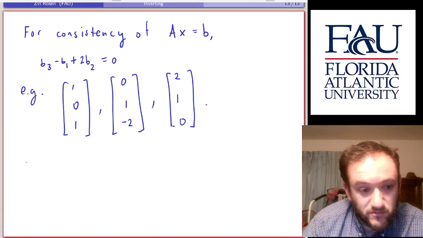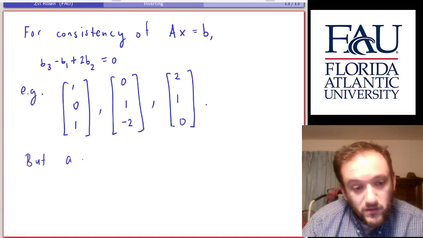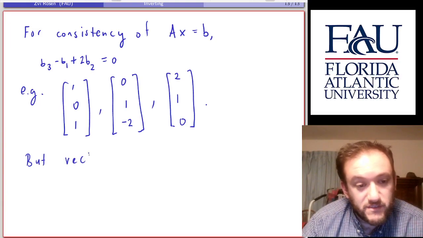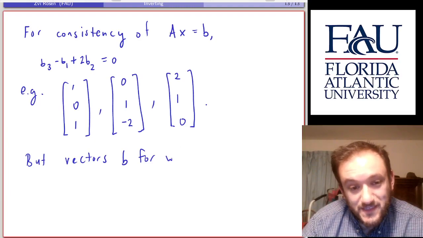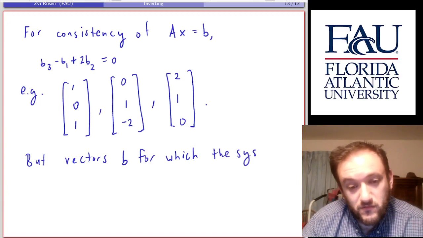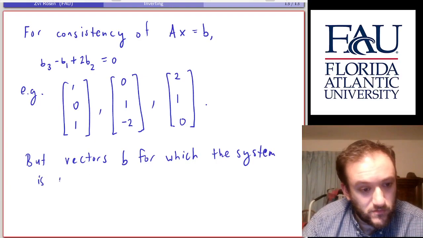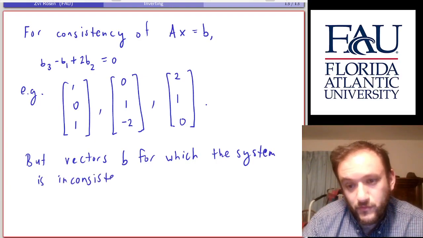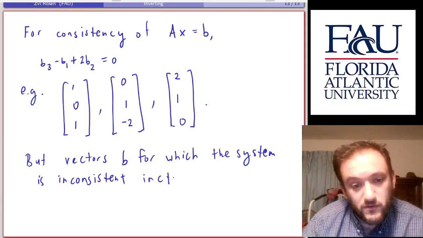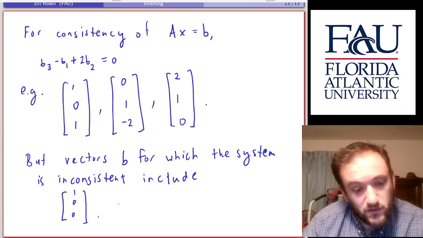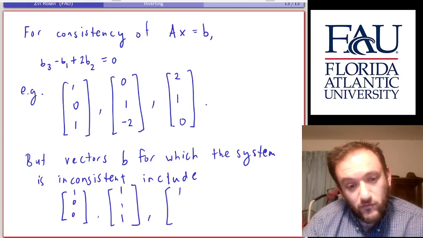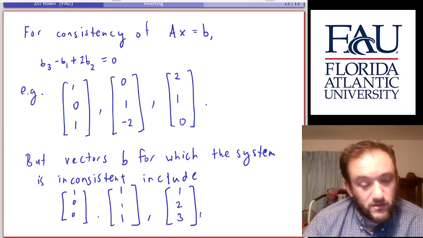On the other hand, vectors B for which the system is inconsistent include, here we have vectors like 1, 0, 0, 1, 1, 1, 1, 2, 3, basically a lot of vectors.